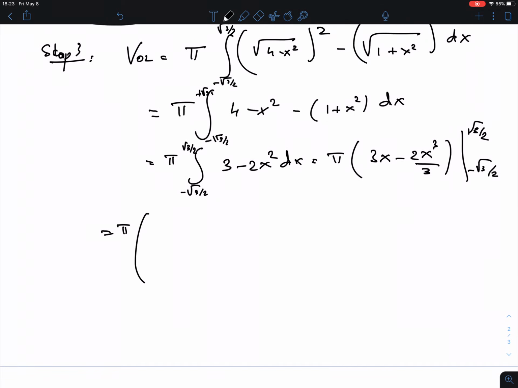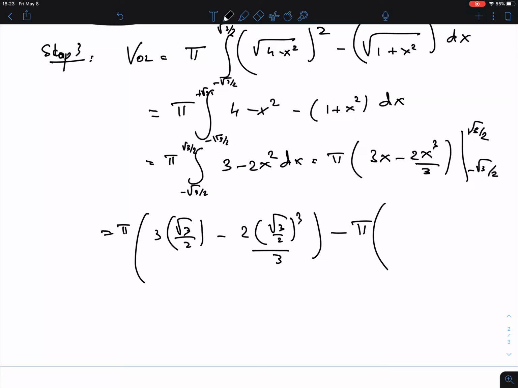I'm just going to do it to show, you have to show me that you at least know what you're doing here, right? Minus pi times the same thing, but now we plug in negative radical 3 over 2, minus 2 times negative radical 3 over 2 cubed over 3. Okay, and that's it.